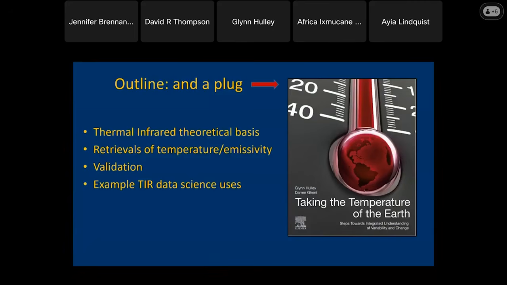We'll then go on to some details of how we retrieve our two fundamental quantities here in the thermal infrared, the surface temperature and the spectral emissivity. I'll go over some validation showing users what they can expect in terms of accuracy with these two products in the data. And then I'll go through some really high-level examples of various different types of science and application users of the data.